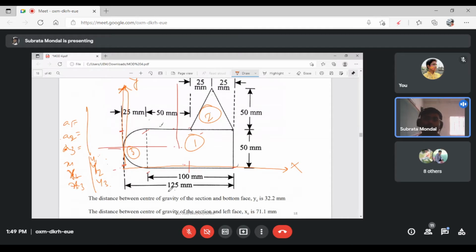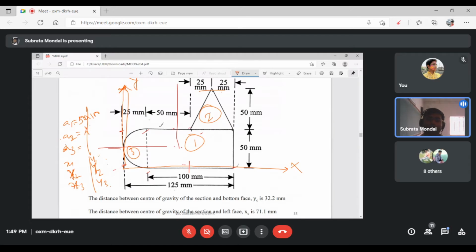Now what will be the value? A1 you can easily calculate. What is that? A1 is 50 into 100, yes or no? A2, what is that? The base is 25, 25, so 50, and the height is 50.